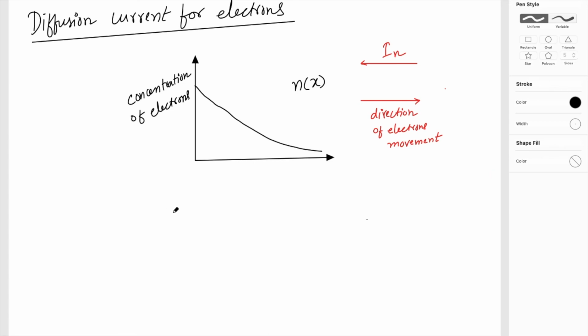So finally I can write the current density of the movement of the electrons as q Dn dn(x) by dx. Note that in case of the holes there was a negative term to cancel this negative slope, whereas in this case there will be no negative term, because the negative sign of this slope will be required to represent the direction of the current, okay.